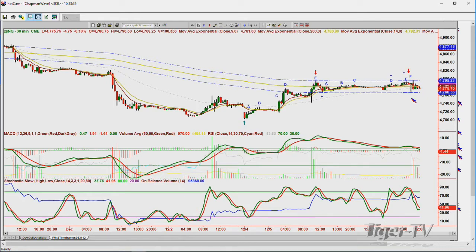The level I'd be watching, if it closed on any, it doesn't even have to be more than one bar. If it closed any bar underneath 47.68.25, let's call it 47.68, that point says, you know what, we're going to go into a deeper correction in the 30 minutes, which could last into tomorrow. That's really what I'm looking at.